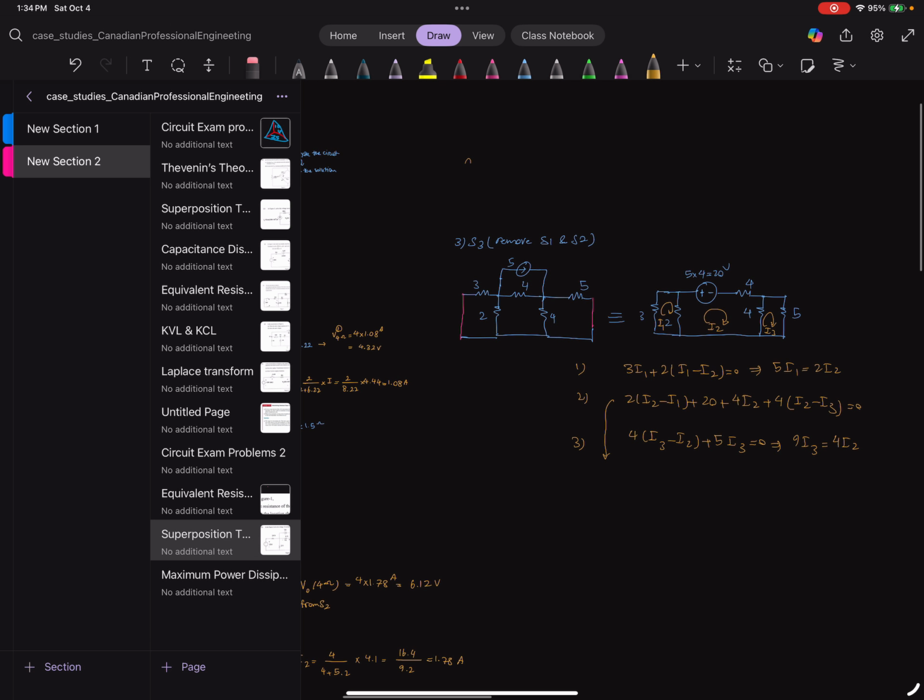And i2 is exactly the current that goes through the 4 ohm. So here we have 2i2 minus 2 over 5 i2 plus 20 plus 4i2 minus i3, which is 4 over 9 i2, is 0.